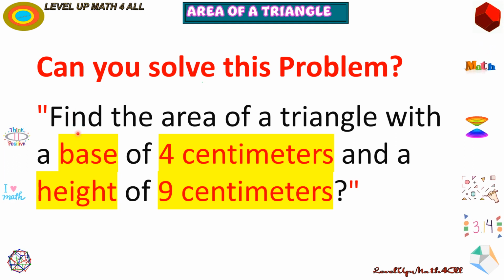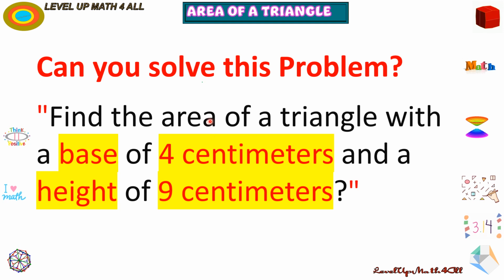Look here, the problem says find the area of a triangle with a base of 9 centimeters and a height of 9 centimeters. Remember the problem which we solved, the base was given in meters and the height was given in meters. Now here we are trying to solve a problem with the base and height in centimeters.